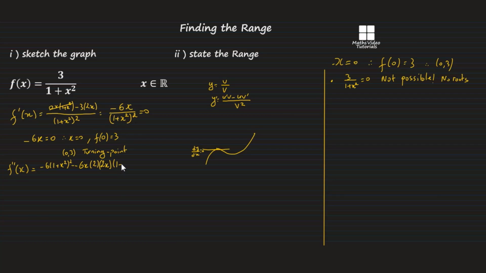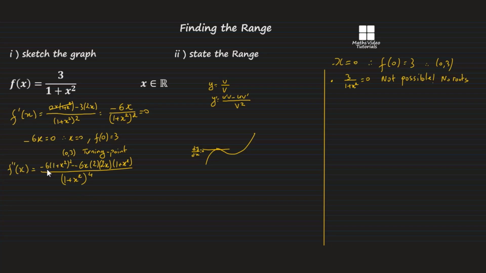It's going to be (1 plus x squared) to the power of 1, okay? And we're going to divide by, of course, the denominator all squared. So that will give us a square of a square, which is going to be 4, because 2 times 2 is 4.